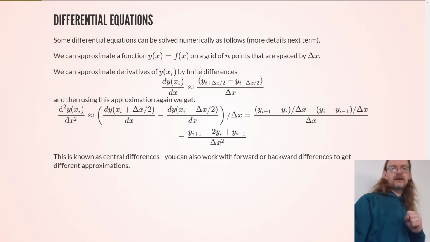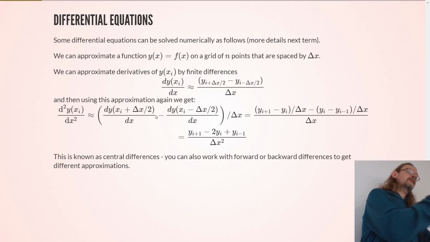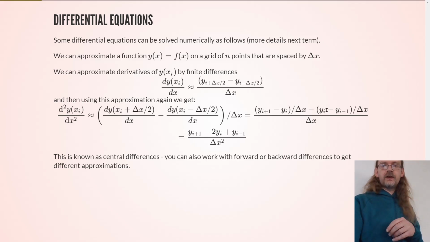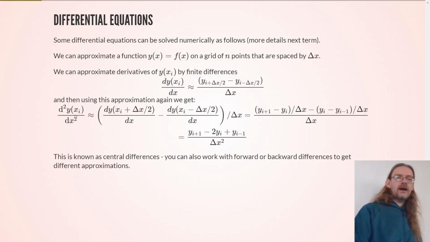And when I plug in this expression for the first derivative into here, and I consider I've gone up by this bit and down by that bit, some terms cancel out, some add up, and what I get left with is an approximation to the second derivative at the point xi: minus 2 times the value of the function evaluated at that data point, and then I add on the values of the function either side of it, and I've got a delta x squared at the bottom, because I've got a delta x from the first derivative definition, and then the difference of those divided by delta x.